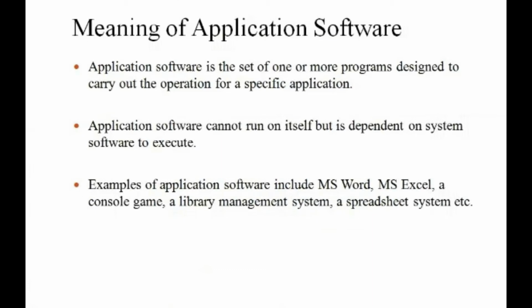Here we begin with what application software means. An application is a program or a group of programs that is designed for the end user. Software can be divided into two general classes: system software and application software.